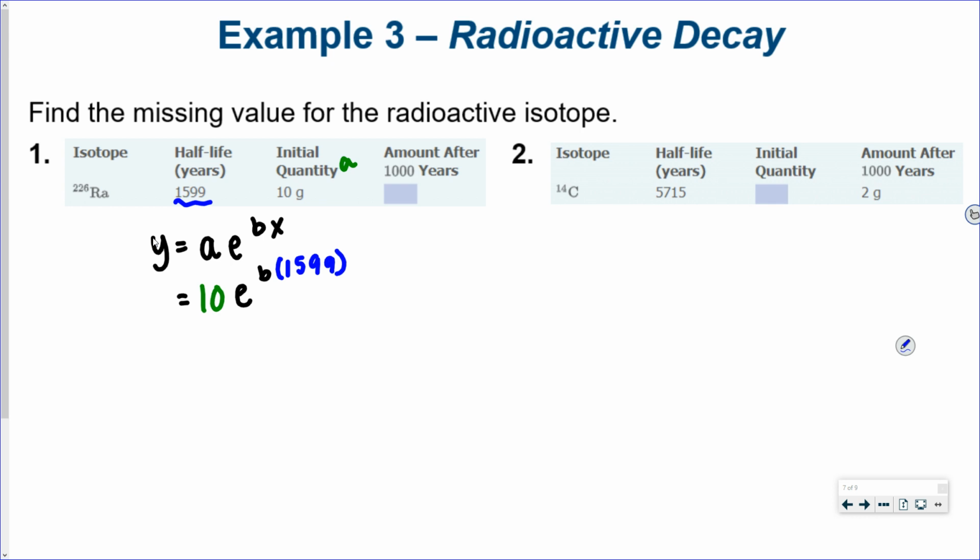So how many grams would I have? 5. Yeah, exactly. So it's giving you a point, half of 10. Now we can solve for B. Since we're talking about radioactive decay, what type of number should we get for B? A negative number, right? We should be getting a negative because this is exponential decay. Let's go ahead and solve this. I would divide both sides by 10.